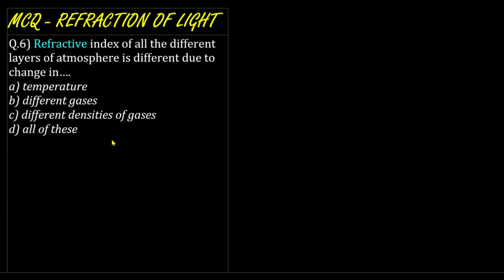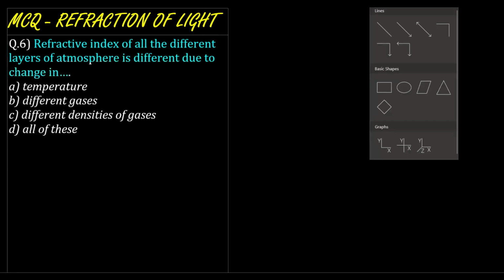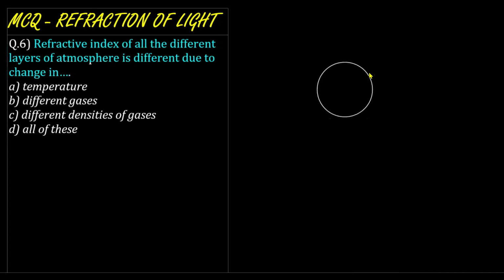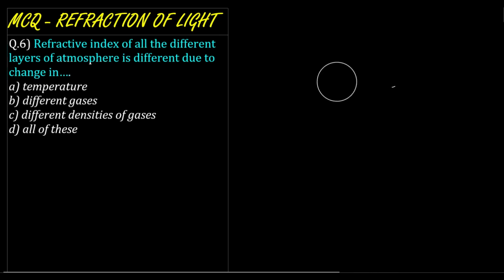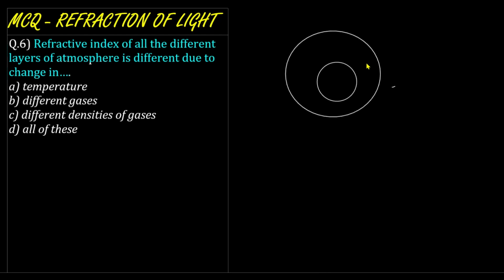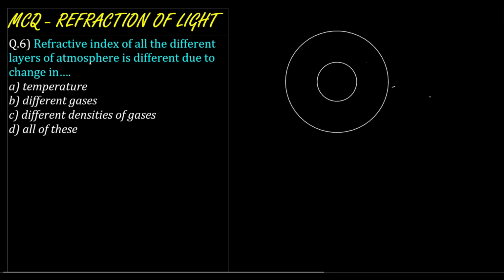The sixth question says the refractive index of different layers of atmosphere is different due to the change in, well, let's say if I draw this being our earth, and let's say I make another concentric circle representing the air, the atmosphere.